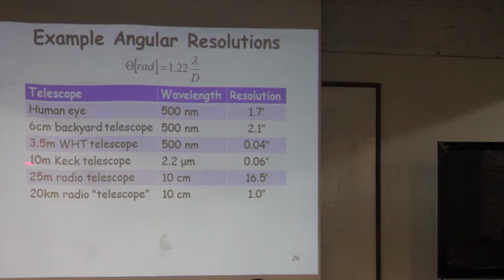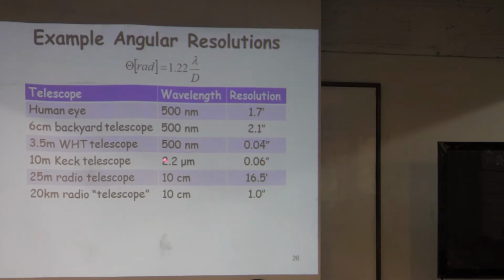If you use the 10 meter Keck telescope, of course, it would be another factor of 3 better. But let's say if we use longer wavelengths, since it's 1.22 lambda over d, the wavelength now is 4 times longer while the telescope is 3 times bigger, so the resulting resolution is slightly worse.